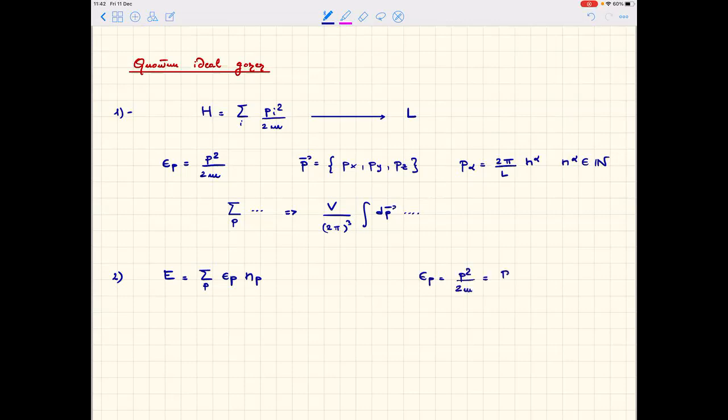In other words, it is px squared plus py squared plus pz squared over 2m. And n_P is the occupation of the corresponding eigenstate of momentum P.